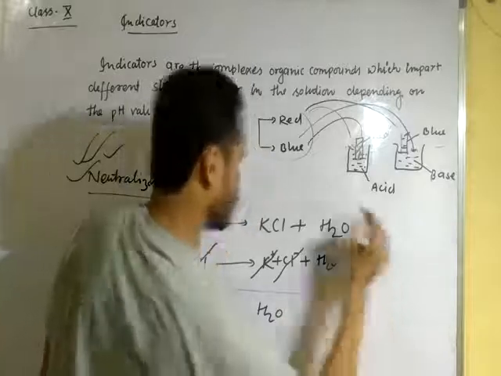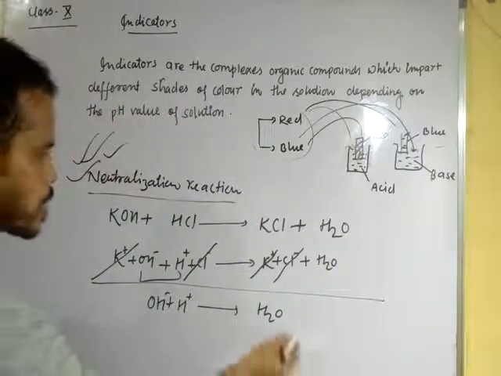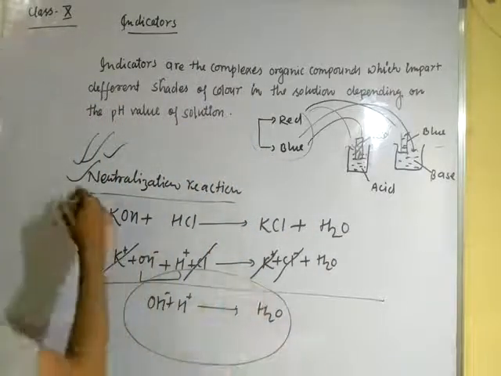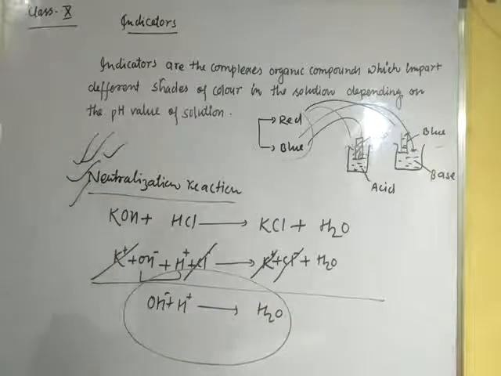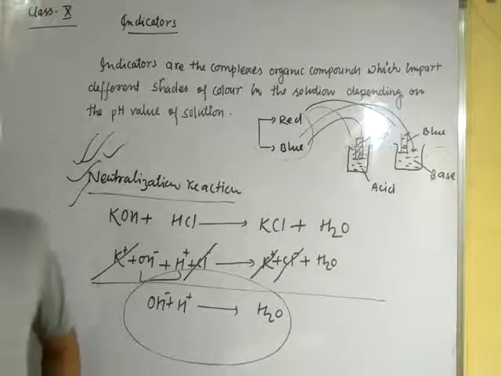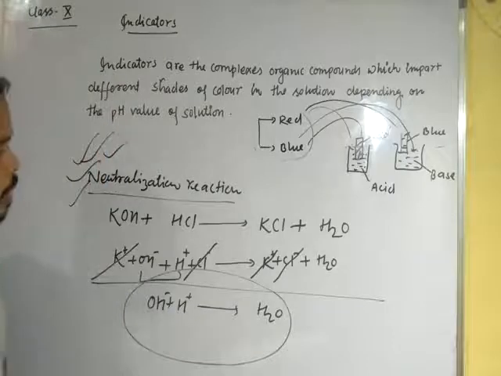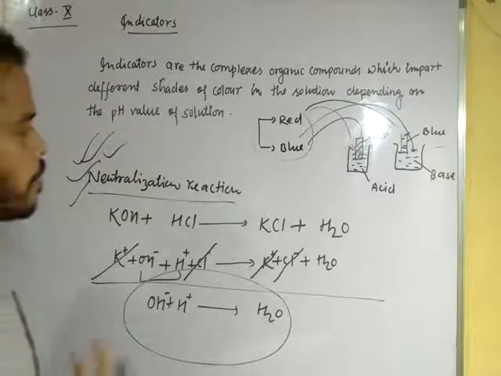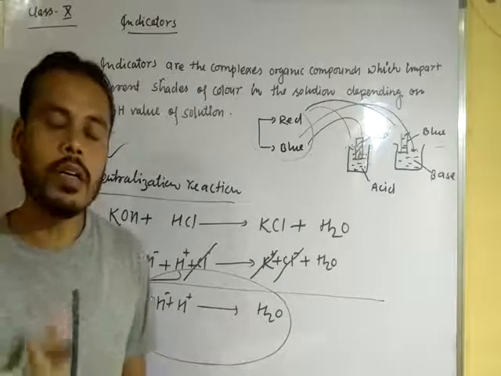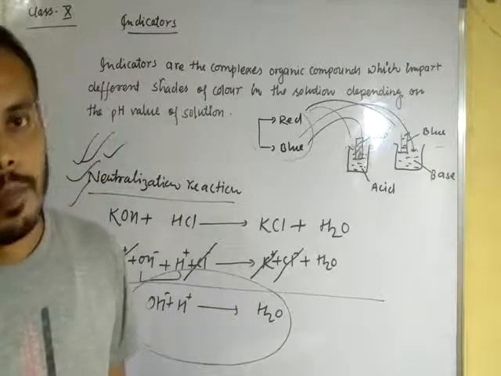On the basis of this phenomenon, the neutralization reaction is defined as a chemical reaction in which H positive ions from acid react completely with hydroxide ions from base to form undissociated water molecules.